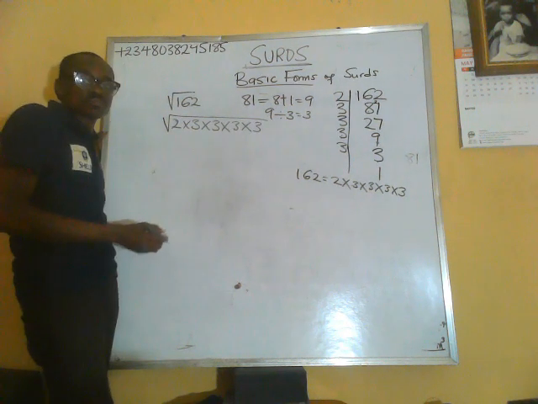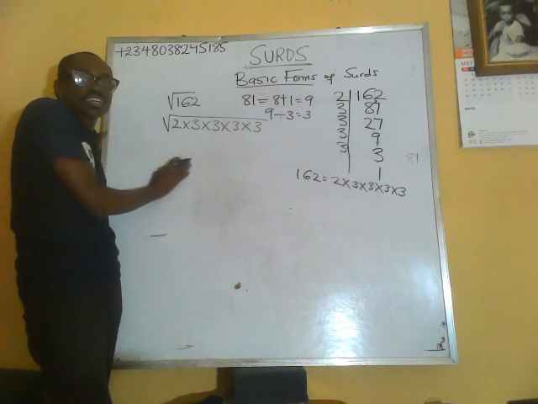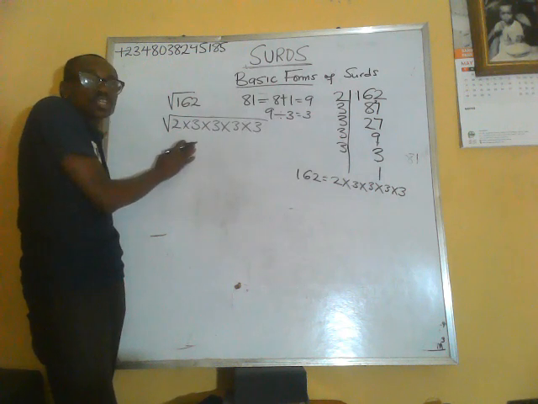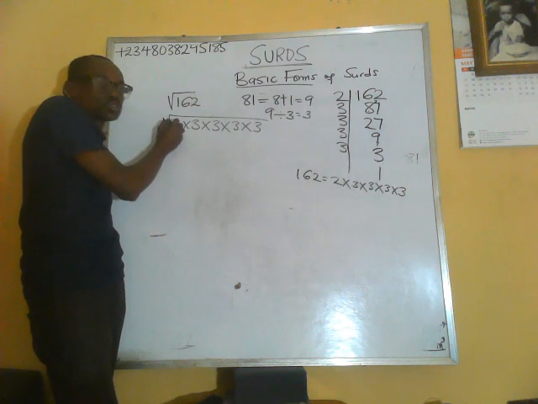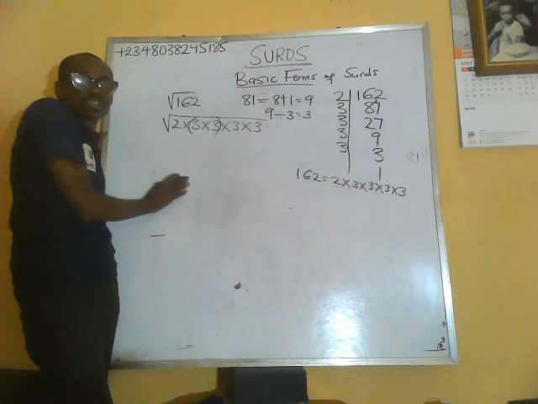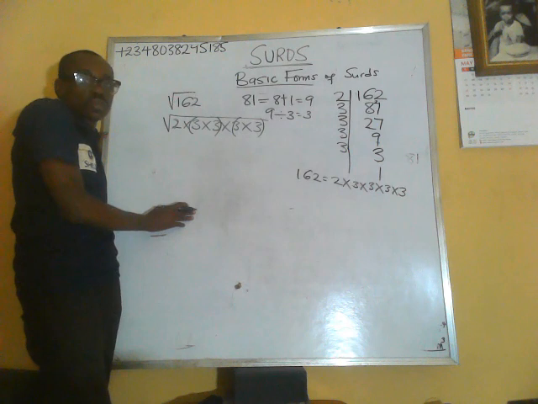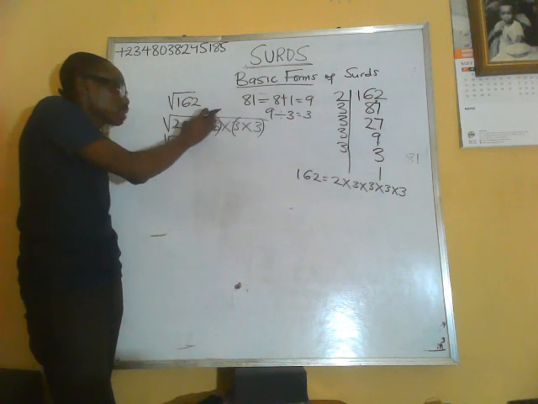So now we're going to pair them in twos. Any number that has a twin, you're going to put them in a bracket. 2 is alone, so we're going to leave this 2. These ones we pair. We pair these two. Having paired them, next we are going to separate them.